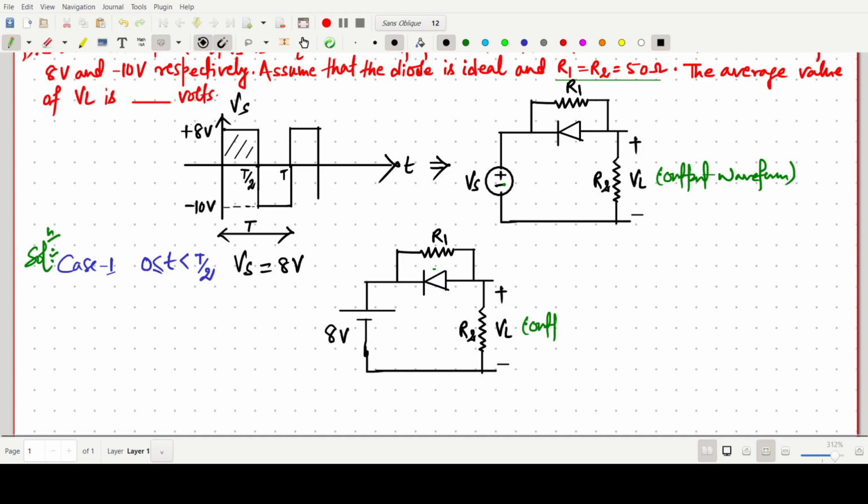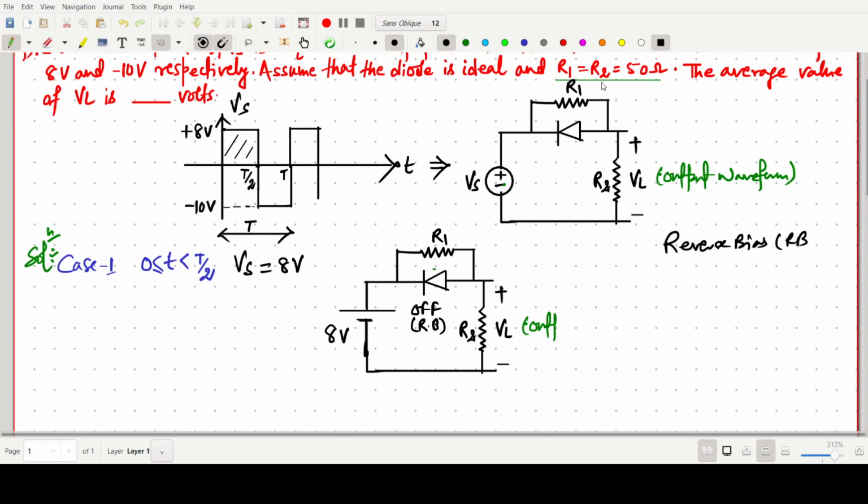Now we have to think: during the interval 0 to T by 2, what will this diode become? Off, because this diode will be in reverse bias. I am writing RB for reverse bias.